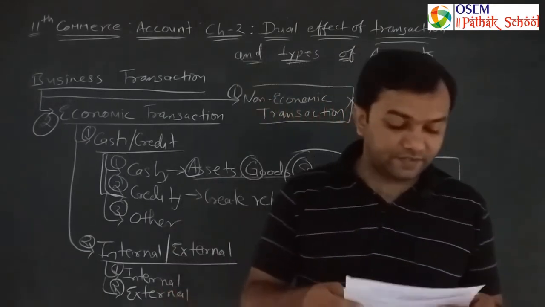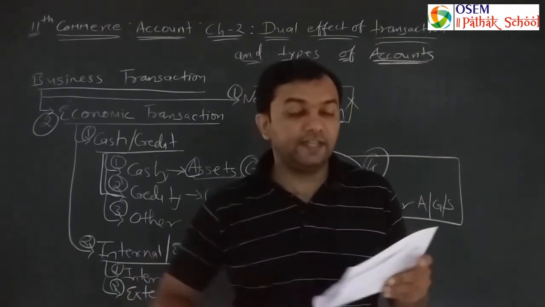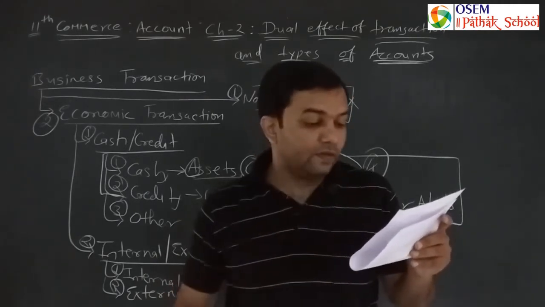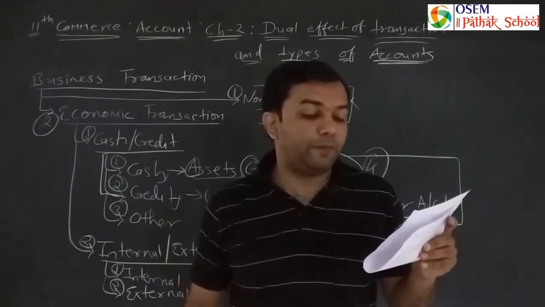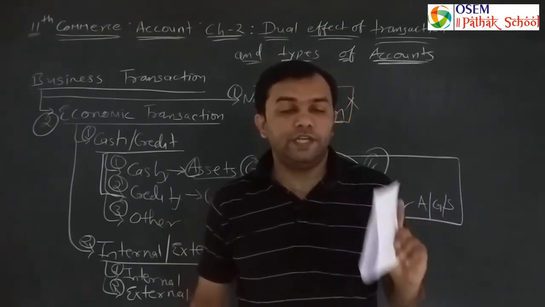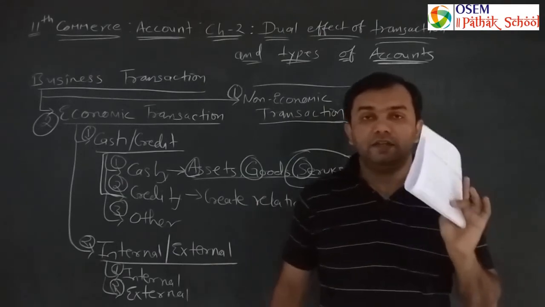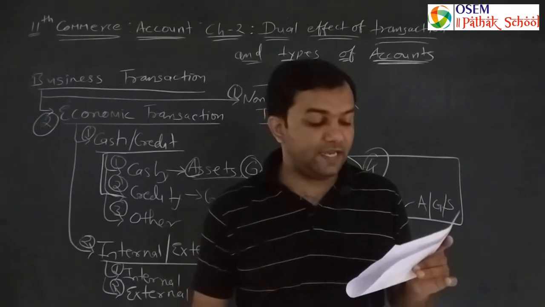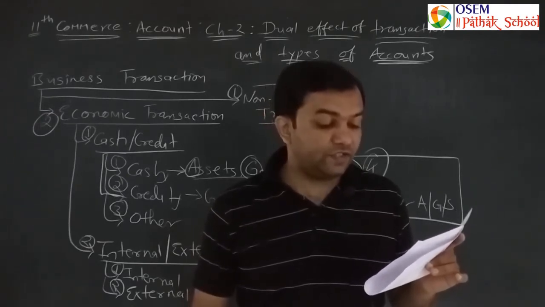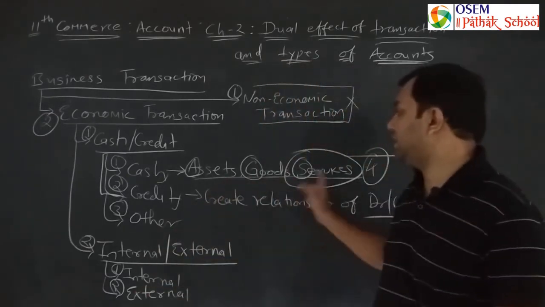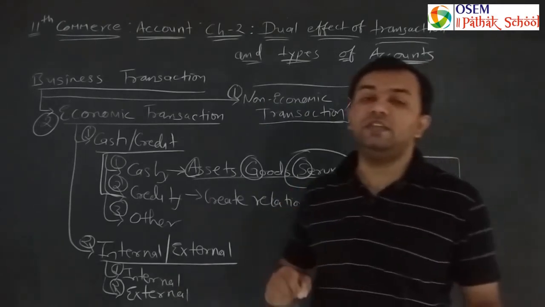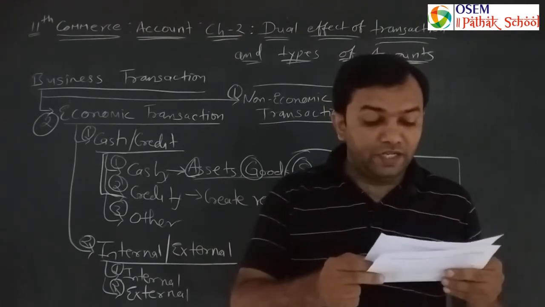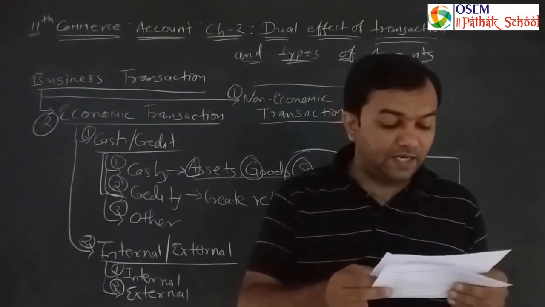There is a large paragraph given here. So we are reading it line by line and understanding each point. In this type of transaction, money is not paid immediately. Keep this line in mind. In this type of transaction, money is not paid immediately for purchase, sales, transaction of assets, goods and services. For any of the 3 transactions, cash is not paid immediately. Money for those purchases or sales is to be paid in future.